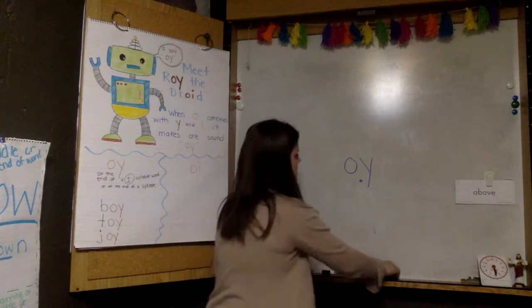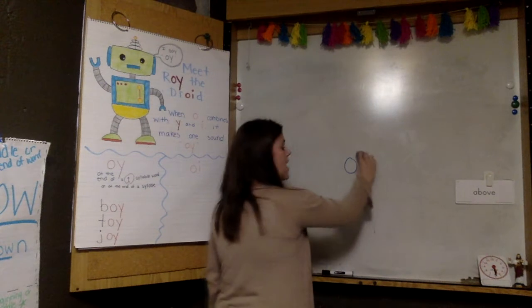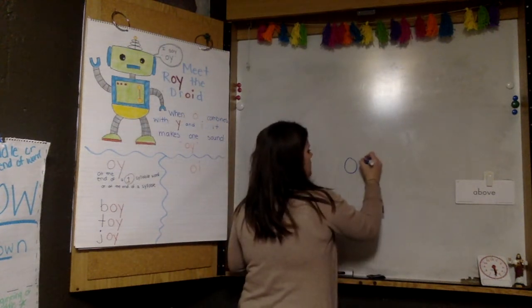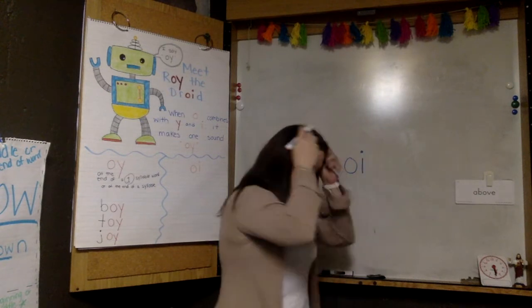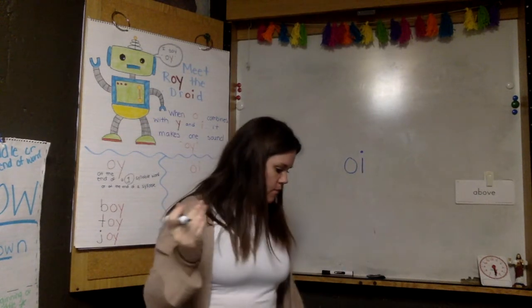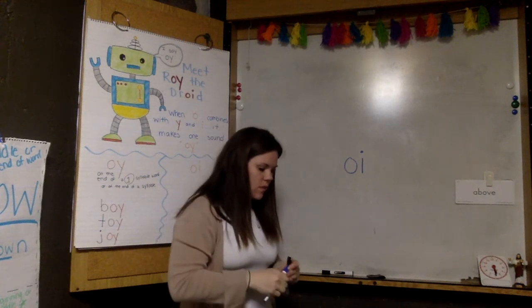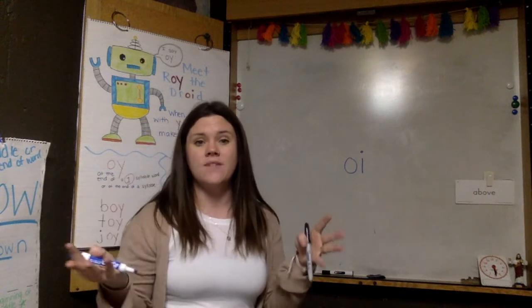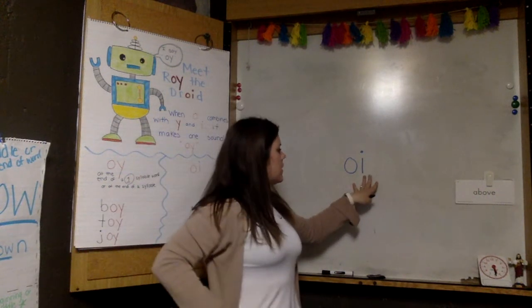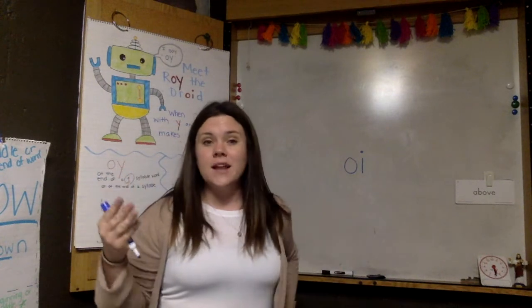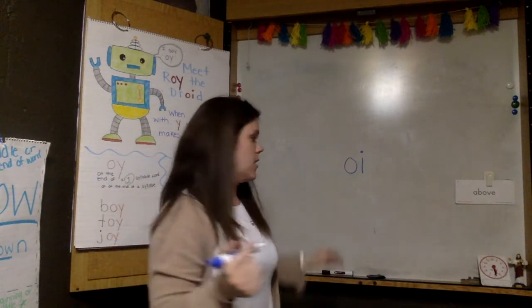Joy. So let's practice that OI sound. So OI, you can find in the beginning of words or in the middle, okay? Or at the end. It will have a letter after it though, right? So it can be in the beginning or in the middle, but it might appear that it's at the end, but it will have a consonant after it, right?